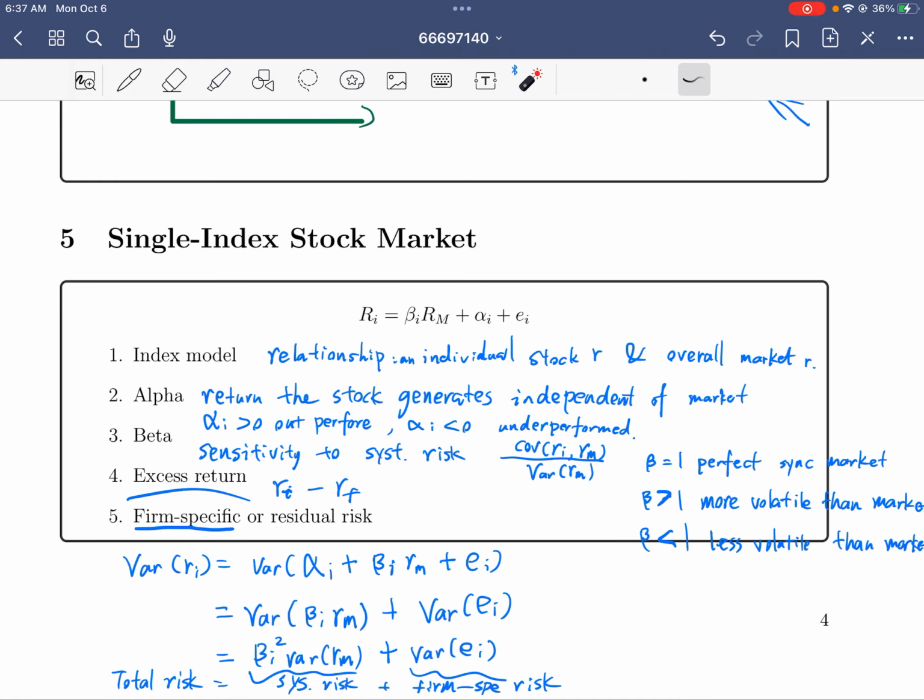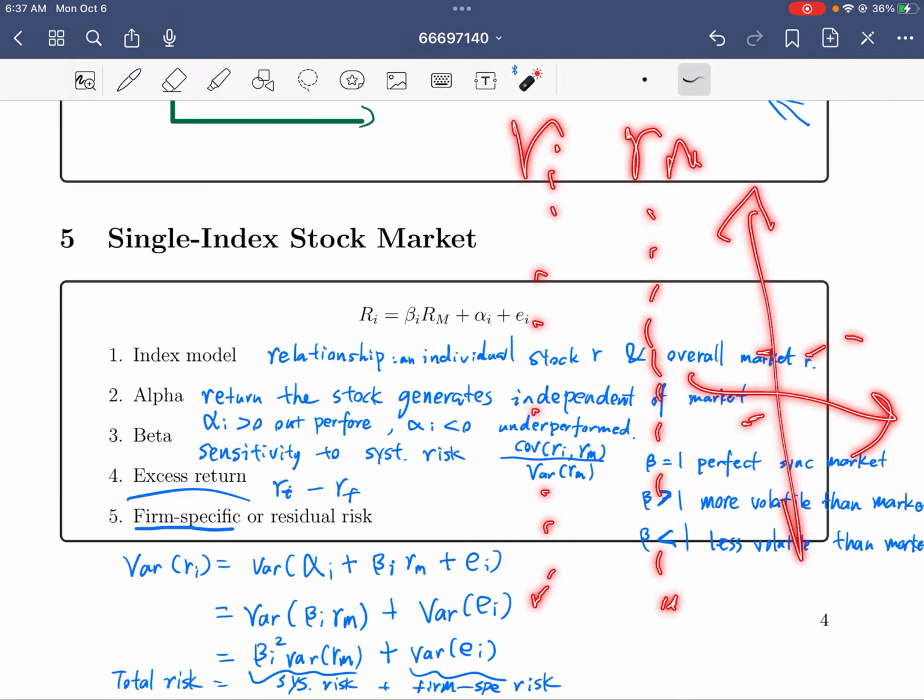And e is an error term. We looked at an individual stock's return and the market return during class, then we find all the points on a plot.